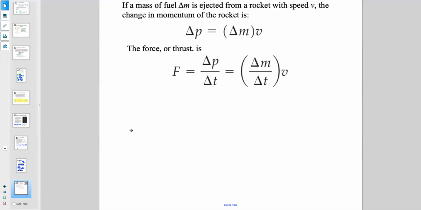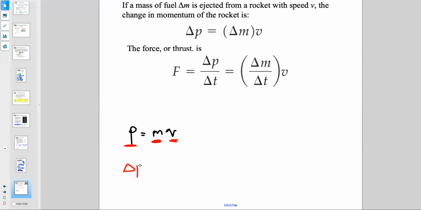Remember, p was mv. If velocity changes, the momentum will change. If mass changes, the momentum will change.